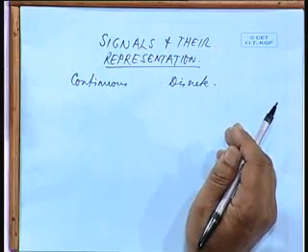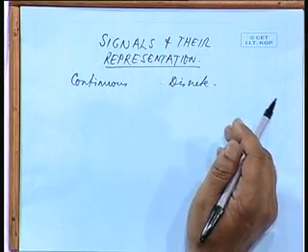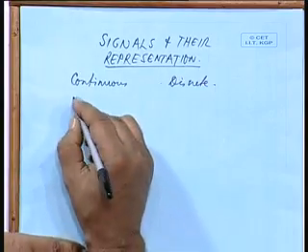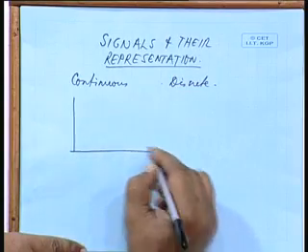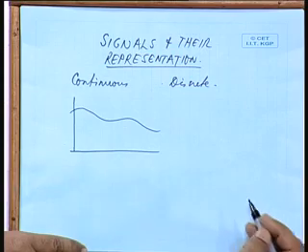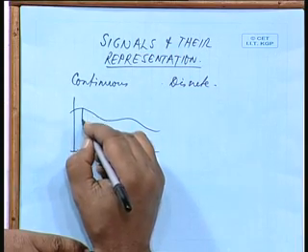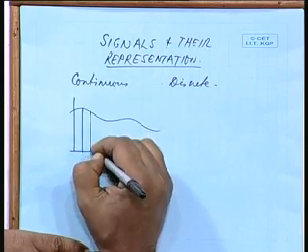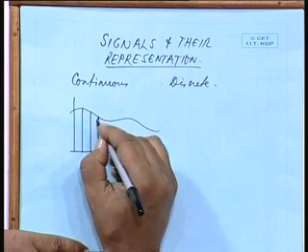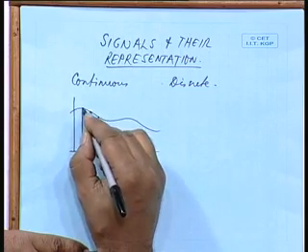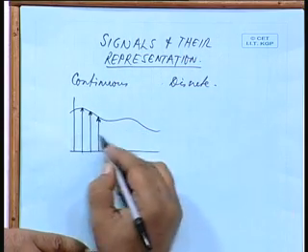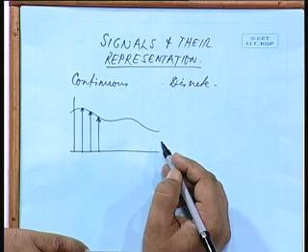Say this is a continuous signal, and if we take at regular intervals the values recorded, this will be the discretized version. Okay.